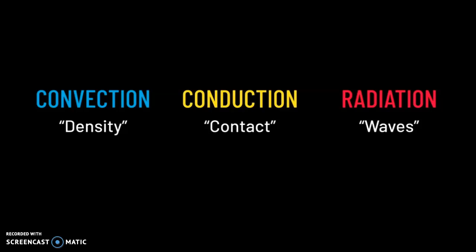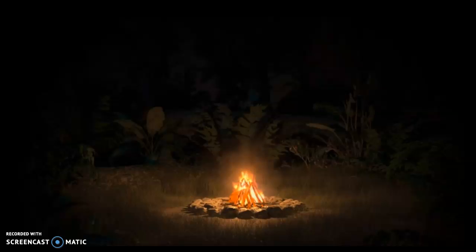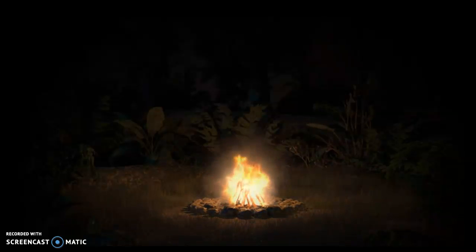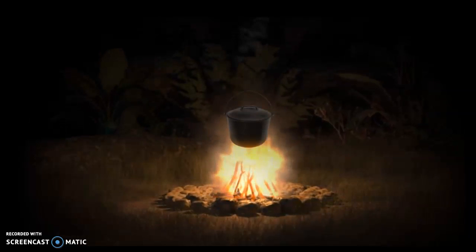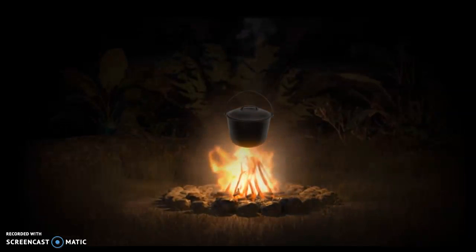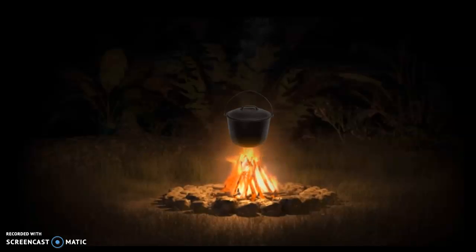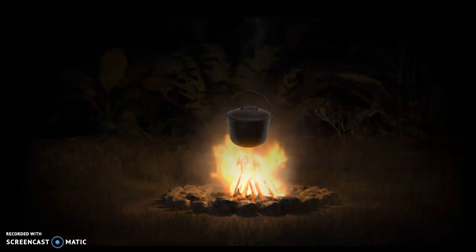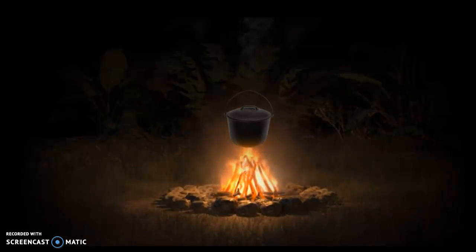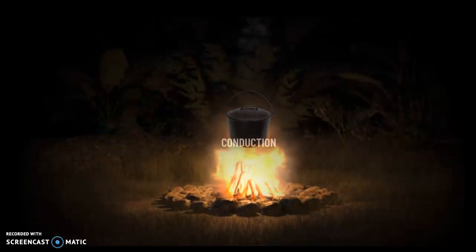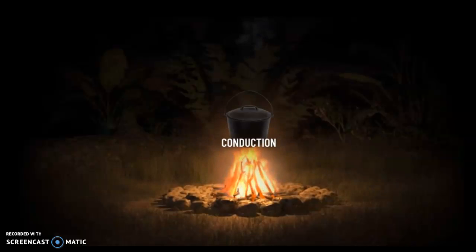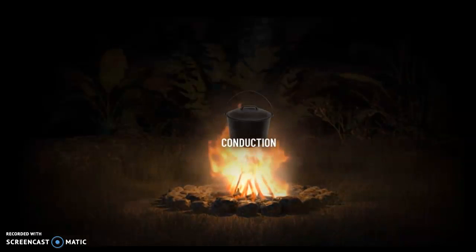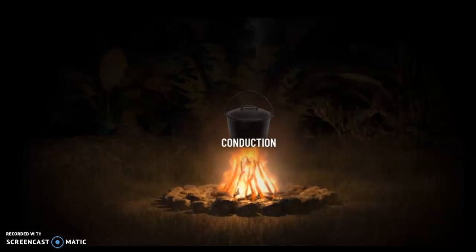We can sum all three types of heat transfer up in one diagram by looking at something as simple as a campfire. Imagine that you're camping and you hold a pot of water or stew above that flame. Well, right now in this one picture, we are seeing all three types of heat transfer take place. There's conduction happening as the flame is transferring energy directly to and throughout the pot as a result of molecular contact.